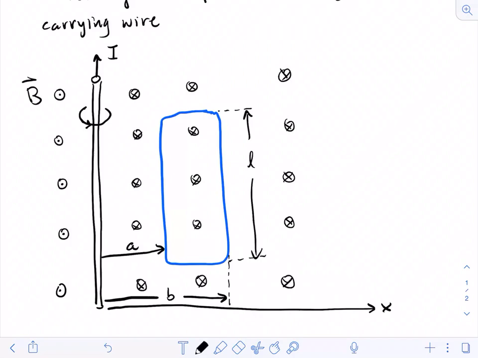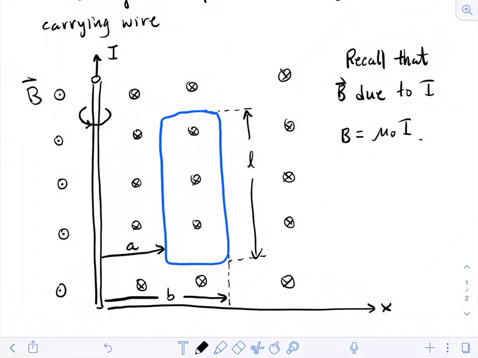Okay, so let's just recall a few things. We could go back and use Ampere's law to calculate the magnetic field due to our long current-carrying wire. And that would just be repeating a problem that we already did in a previous video.